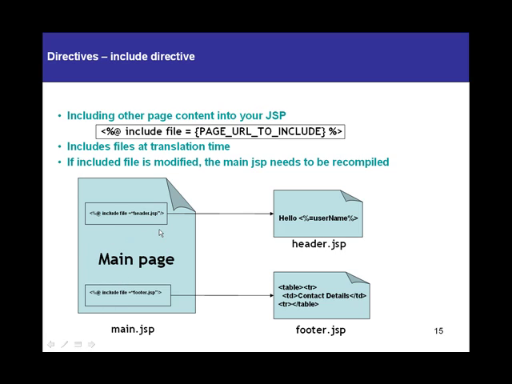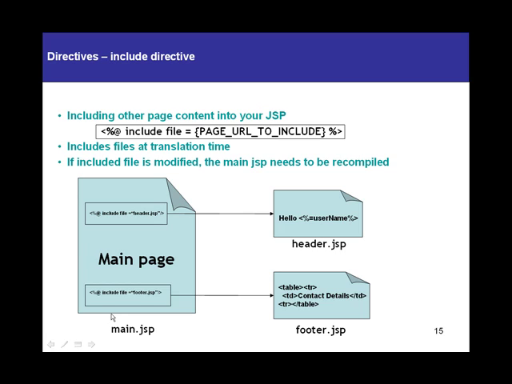Will I see hi username here? No, because my main page was translated into a servlet even before the header.jsp made its change, right? So whatever changes made here will not be reflected in my main page.